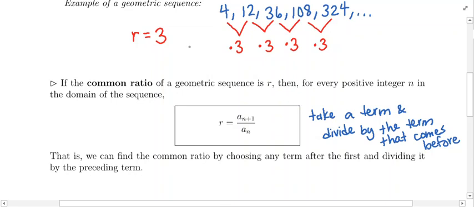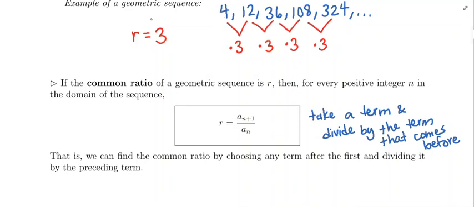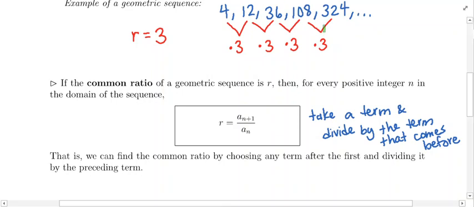So make sure when you're doing geometric sequences that you're obtaining your R value in the correct manner. If you're just looking at it and not using a formula, you just tell yourself, how do I go from one term to the next? What do I multiply by? If you're actually trying to use this formula, you have to take a term and divide by the term that came before it.